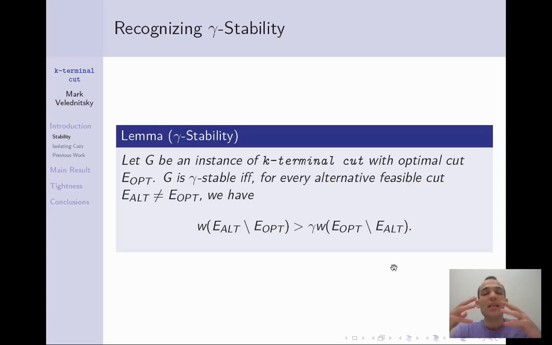An instance is going to be gamma stable if for every alternative cut, the edges which are in the alternative cut but not the optimal cut are at least gamma times the total weight of the edges which are in the optimal cut but not in the alternative cut. So basically discounting the edges that they have in common. So this will come up later. This is a lemma that is useful.